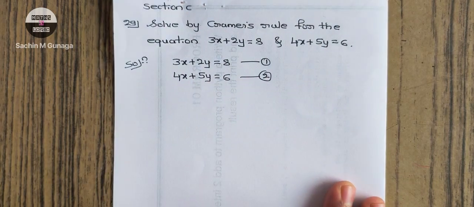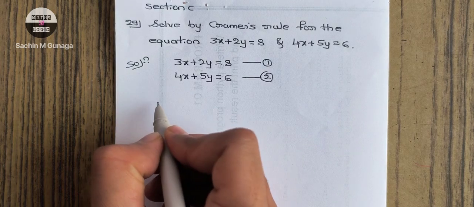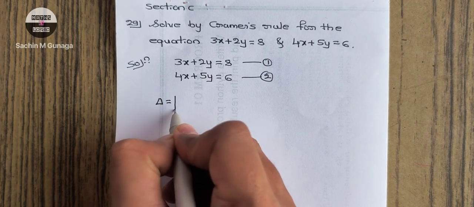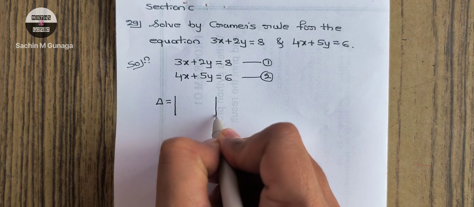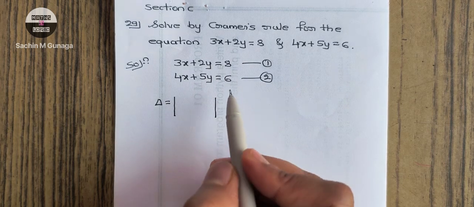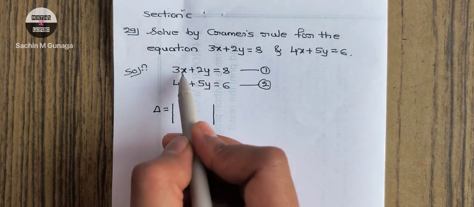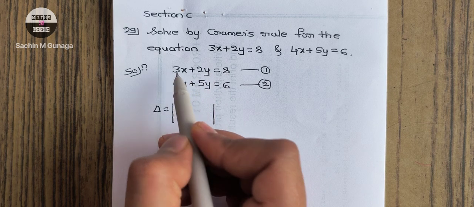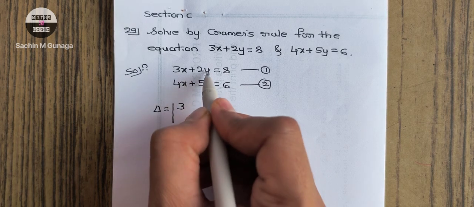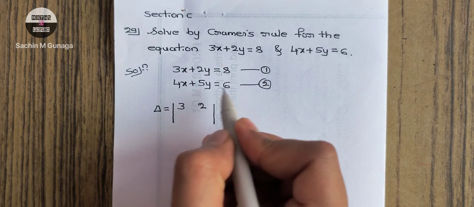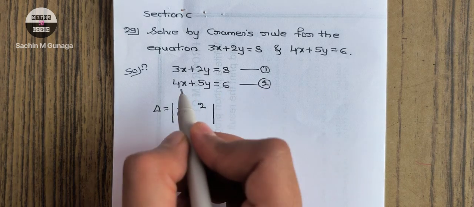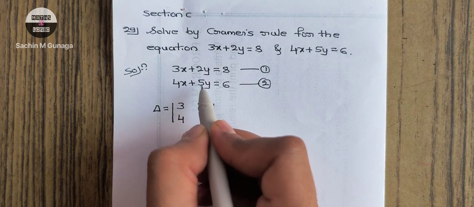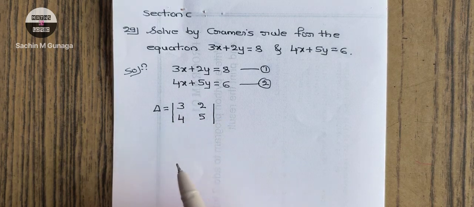In Cramer's rule, first we will find the value of delta. To find delta, in equation number 1, write the coefficient of x and coefficient of y. The coefficient of x is 3, the coefficient of y is 2. And in equation number 2, again write the coefficient of x is 4, the coefficient of y is 5.